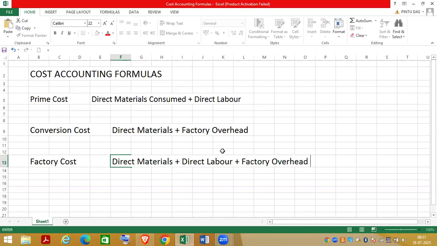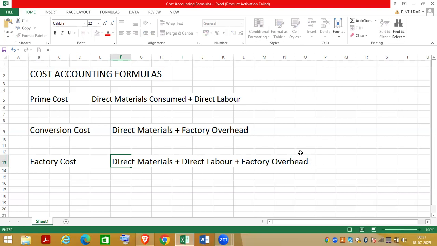So what is prime cost? Direct materials consumed plus direct labor. What is conversion cost? Direct materials plus factory overhead. And what is the factory cost? Factory cost is direct materials consumed for manufacture, then the labor cost and the factory overhead.